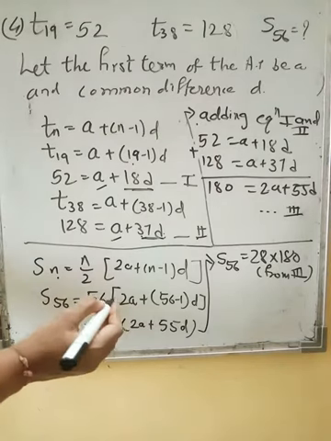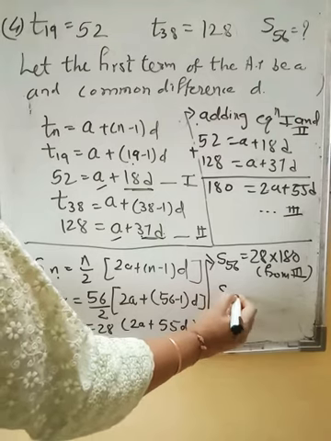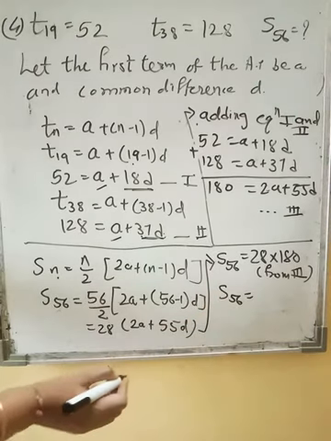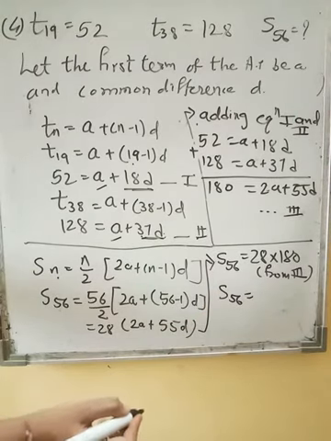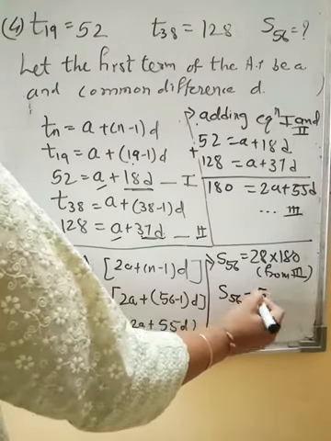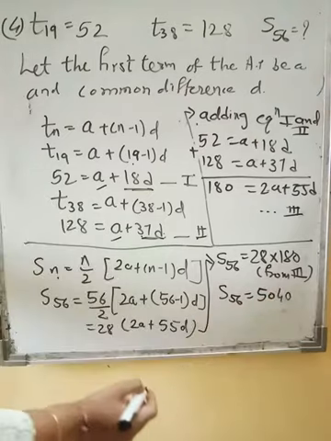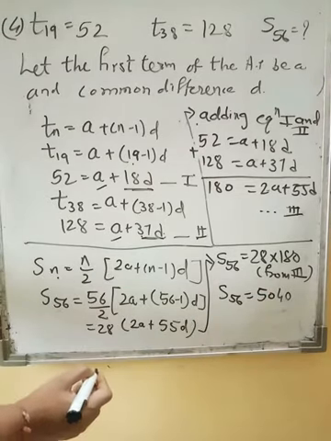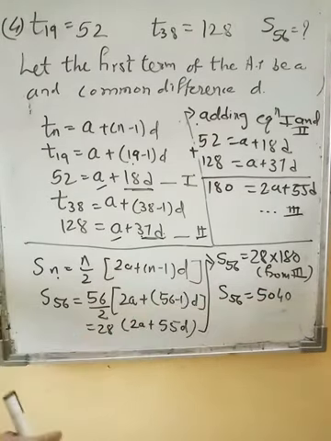So your S56 is equal to 28 into 180. 28 into 18 will be 504, and one more 0. So you got the answer. S56 is 5040.